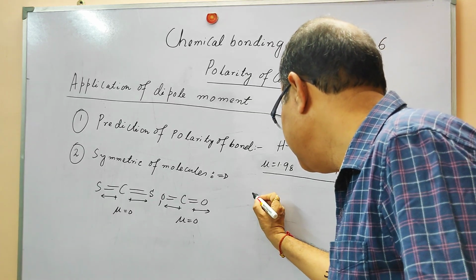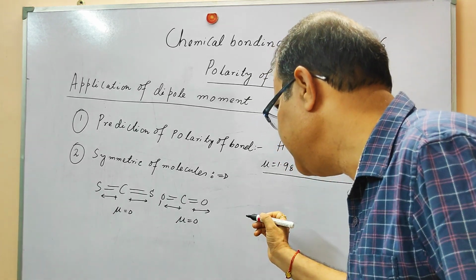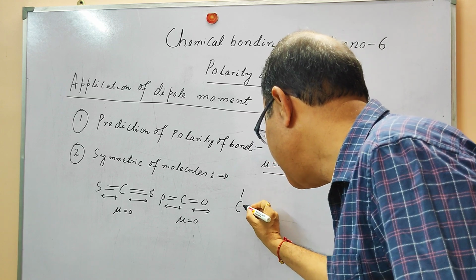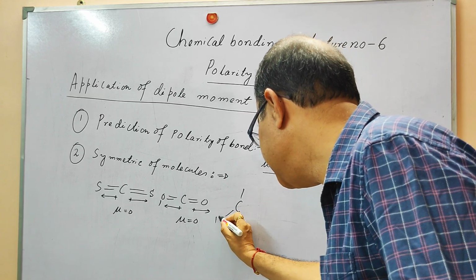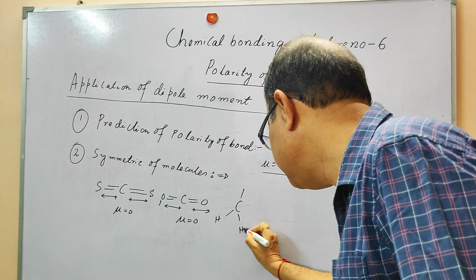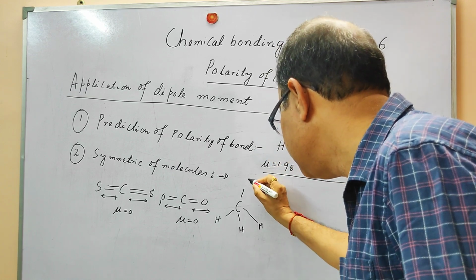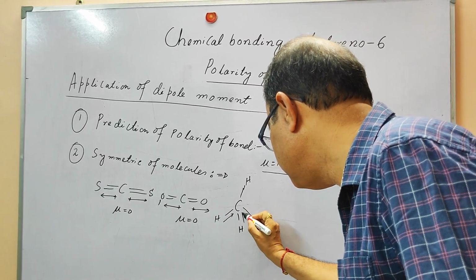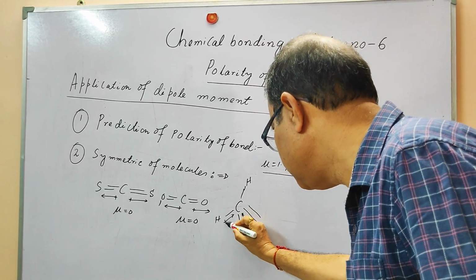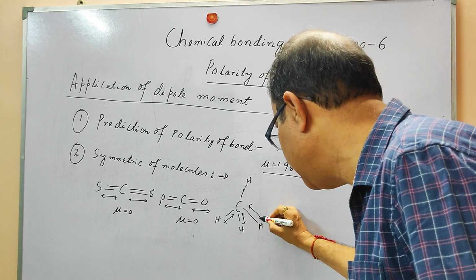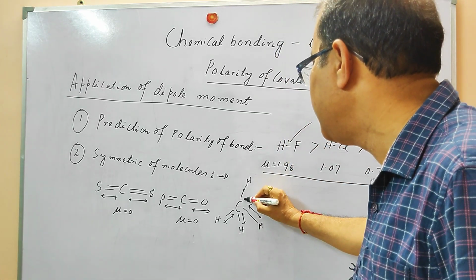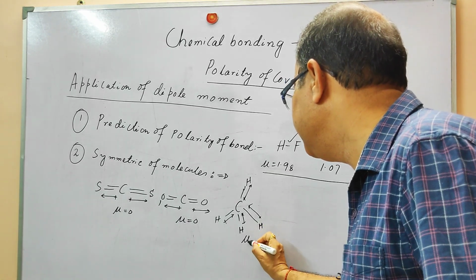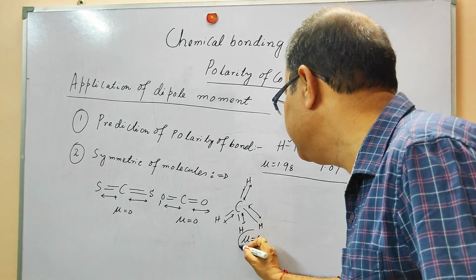Another example is methane. Methane has a tetrahedral structure, but its dipole moment is 0, because the dipole moments of the bonds cancel each other.